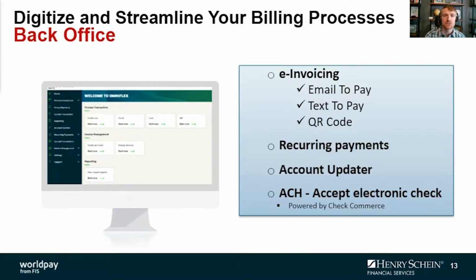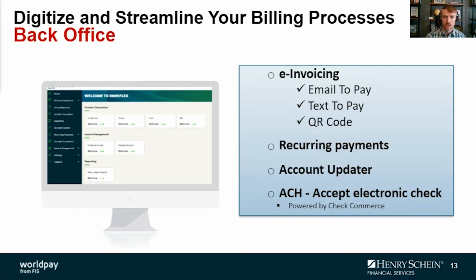So transitioning to back office and the tool set to help you lower your accounts receivable and to help with those touch points of the revenue cycle management that we discussed. Some of the major ones there are e-invoicing, so electronic invoicing.